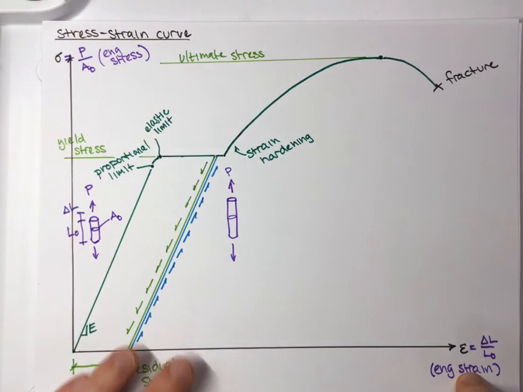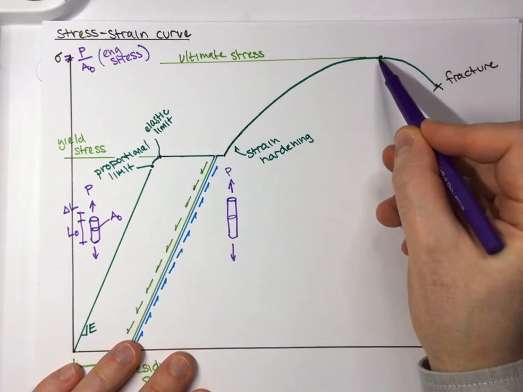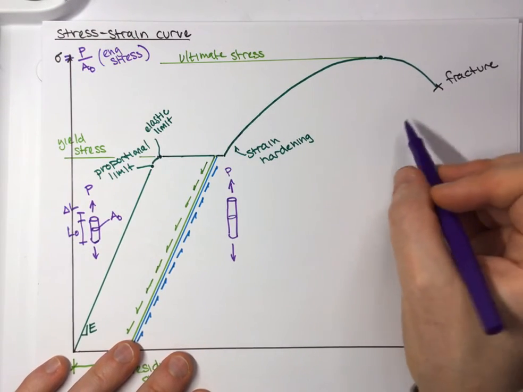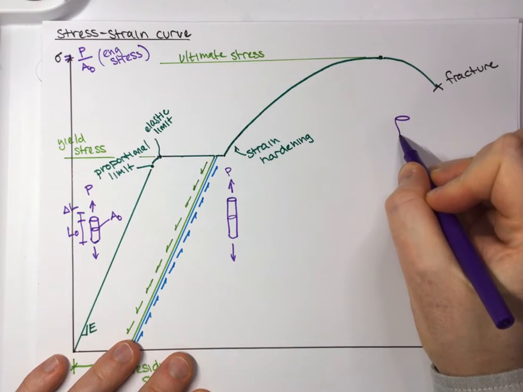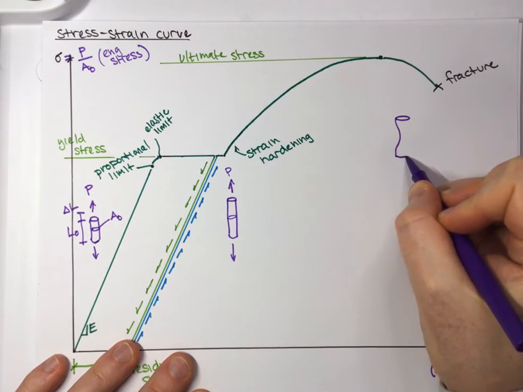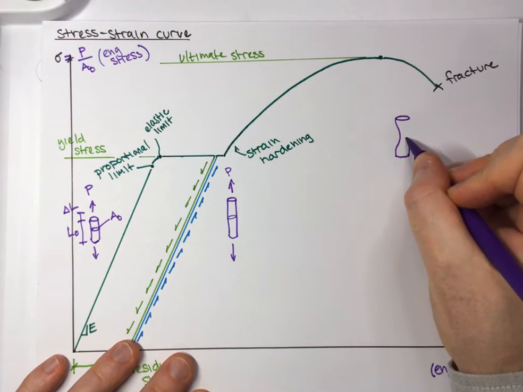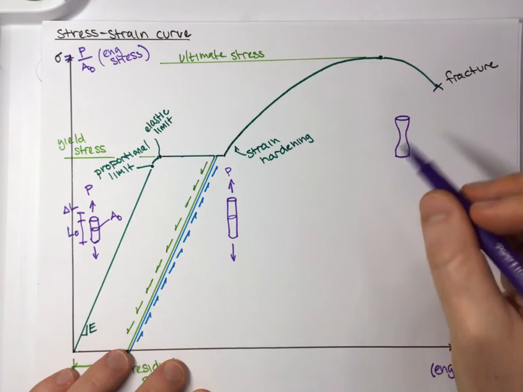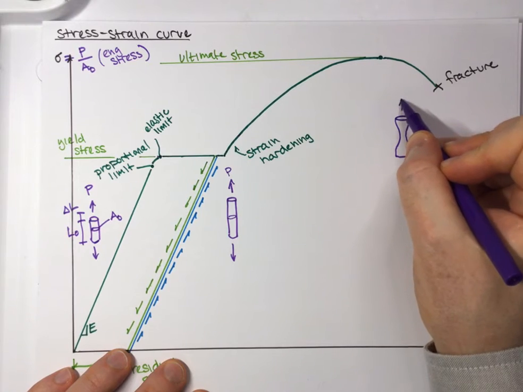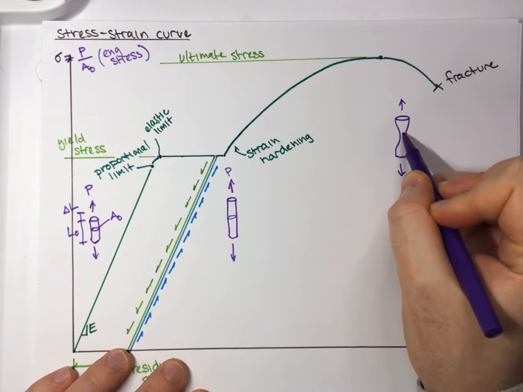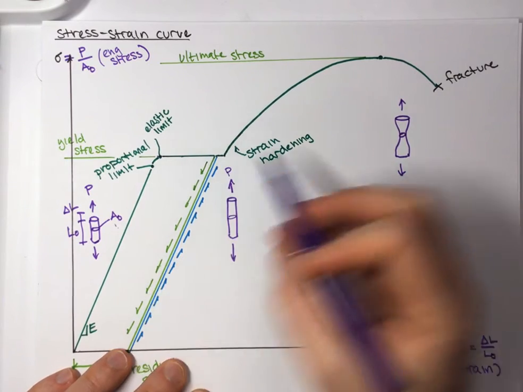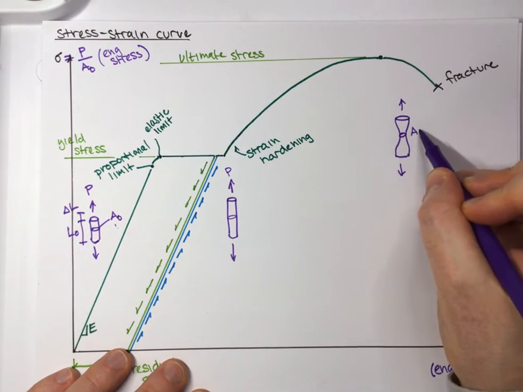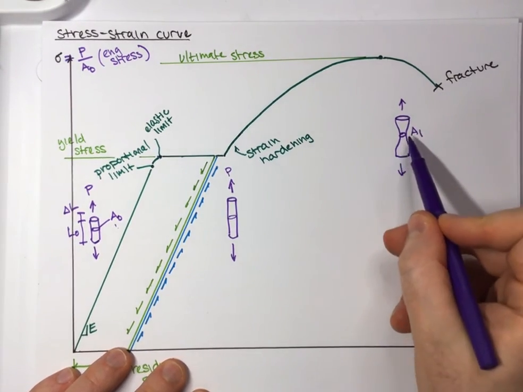So what happens is once we get past ultimate, we start to have what we call necking in the material. So now the material starts to look more like an hourglass here. And because of that, when we apply some load on it, the area here is not the original area anymore, it's some area A1, which is a lot smaller.